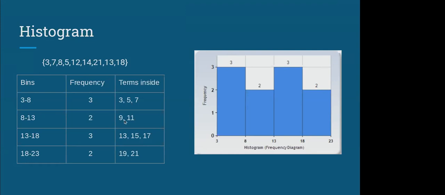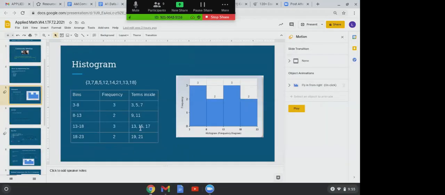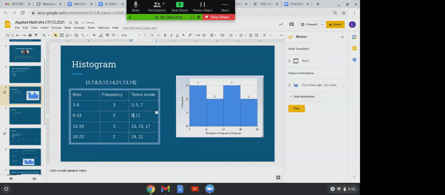What error, Miss Hicks? 8 and 12. This bin. So I'm getting ready to change it.